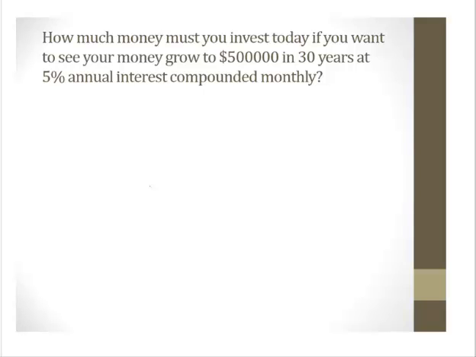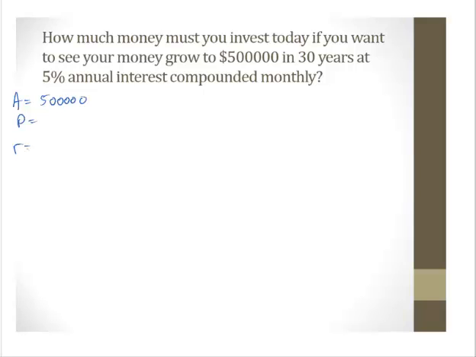How much money must you invest today if you want to see your money grow to $500,000 in 30 years at 5% annual interest compounded monthly? So here we have A, the accumulated value is $500,000. We don't know the principal.